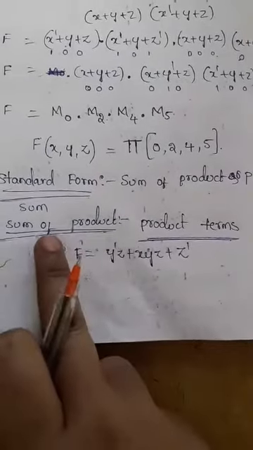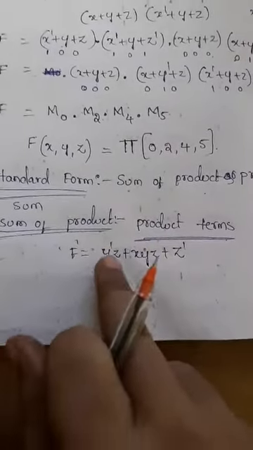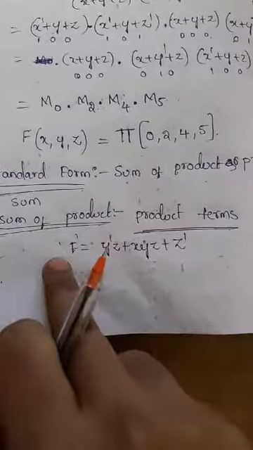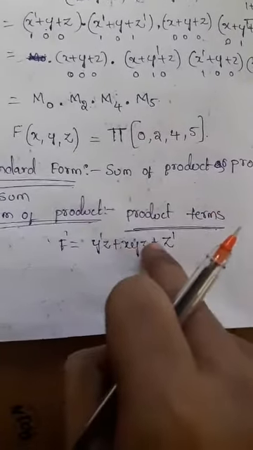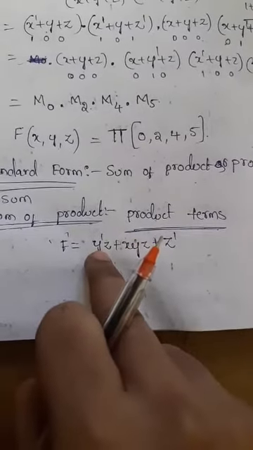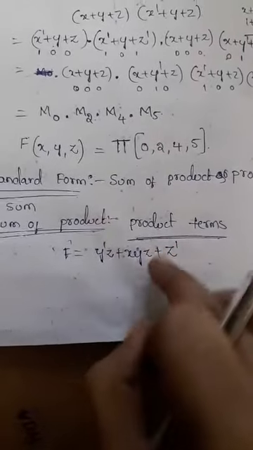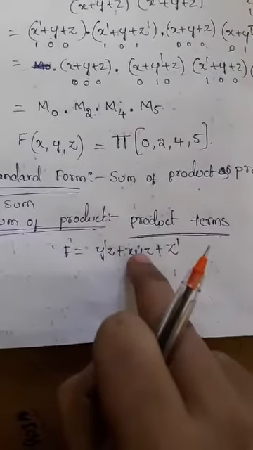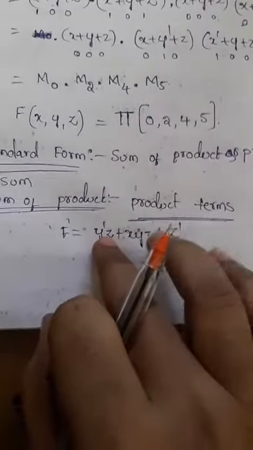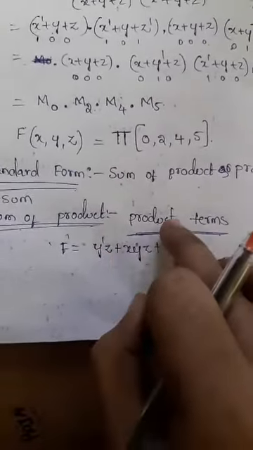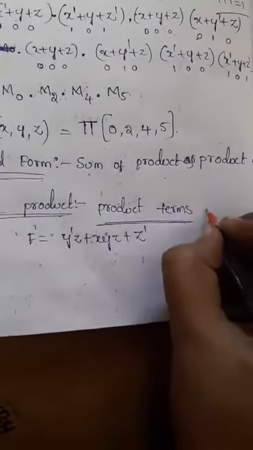Just observe here, f is equal to, the Boolean function can be expressed in the form of product terms, each term having the product of two variables or three variables. In between these three variables we have the product, and in between these two variables we have the product. It also has the OR logic, that means the product terms of one or more variables are ORed.